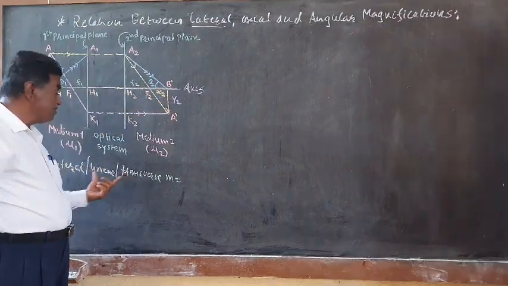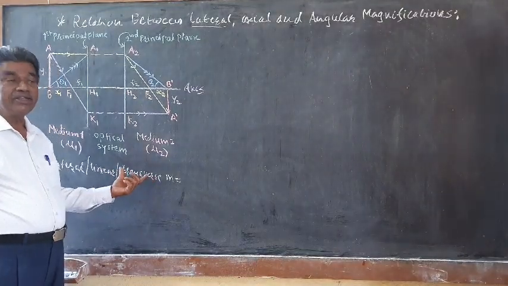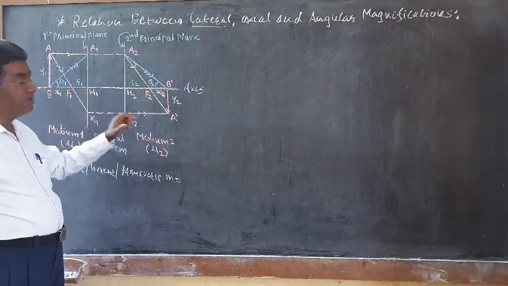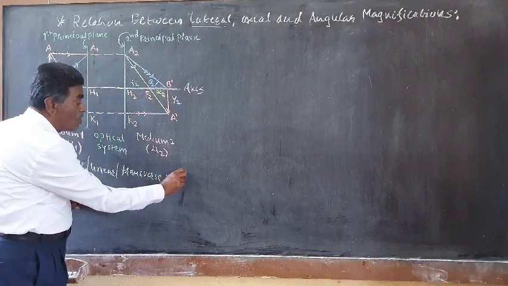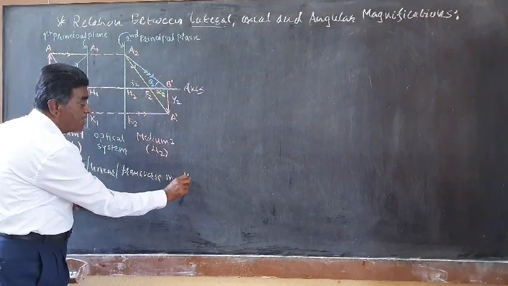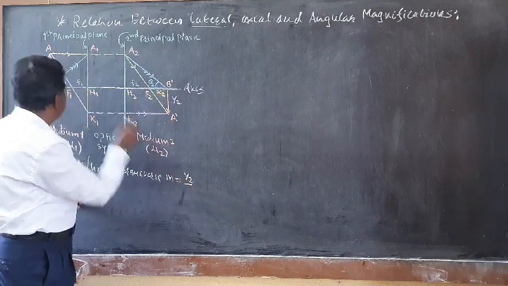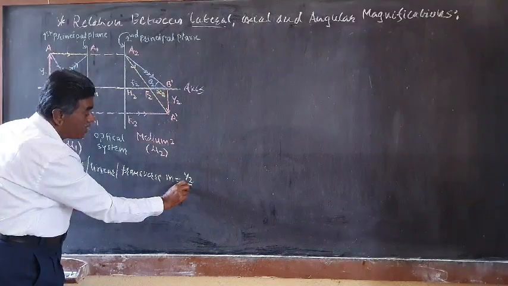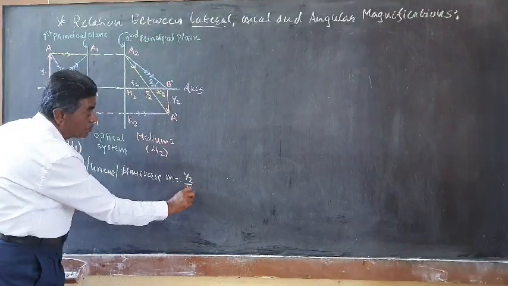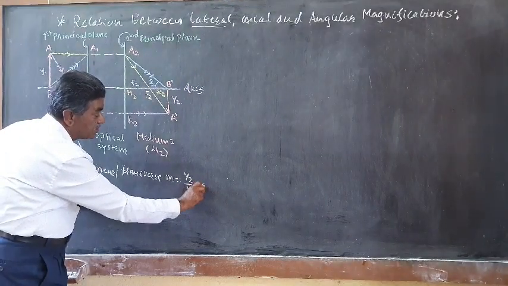The lateral magnification is related to the height of the object and the image, so it is the ratio of the height of image, y2, divided by the height of object, y1. So M is y2 divided by y1, and this is equation 1.